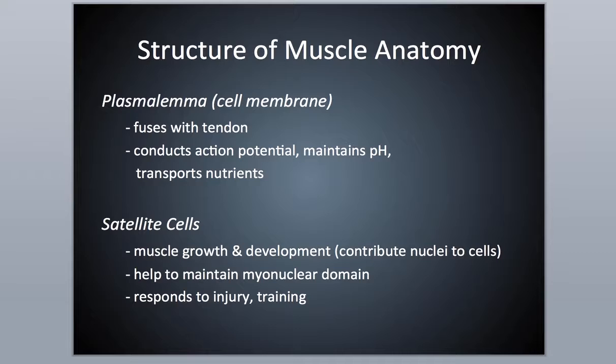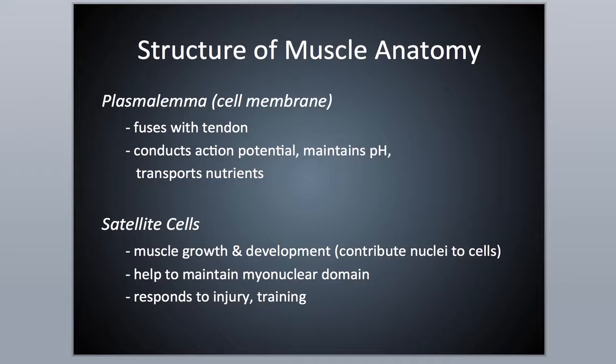Now, there's also going to be some satellite cells that are kind of floating around the muscle fibers themselves. And the satellite cells are basically like the stem cells for the muscle. Anytime a muscle is damaged, such as when you're in a training regimen, you're going to be breaking down some of that muscular tissue.